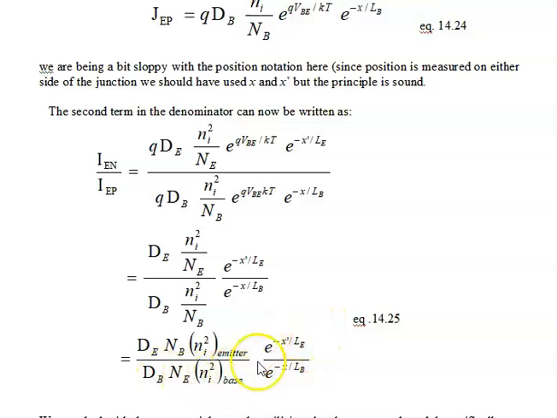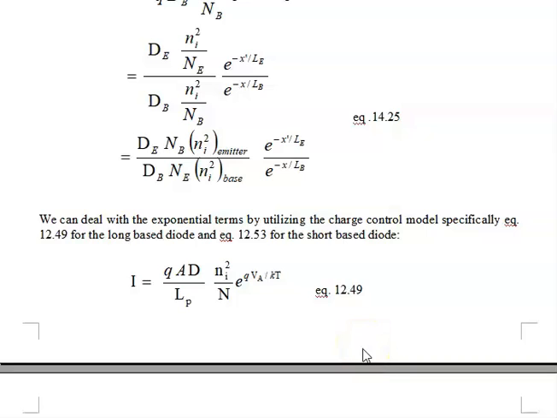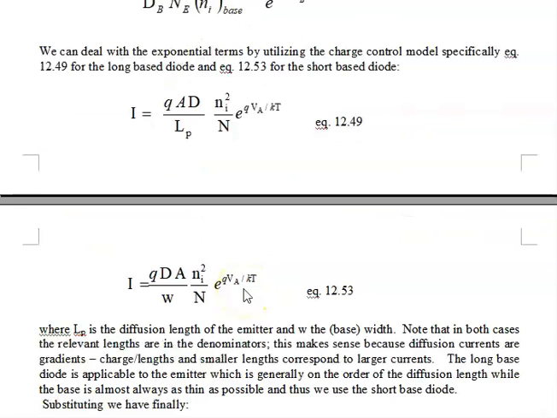And here we want to take a look a little bit further by using the charge control model from Chapter 12. And we have two terms for the current. Remember, we have the area under the charge density versus position, or versus length. In the one case, we have L sub P. This is the long base, and this is the short base.